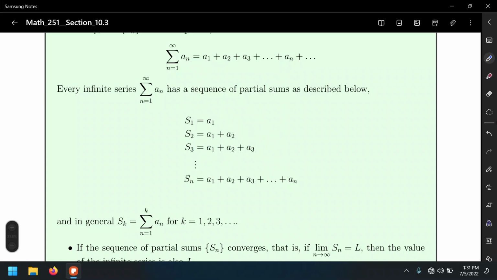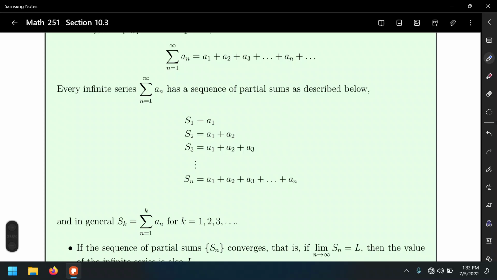If it's possible, which is not always the case, if we were able to find a mathematical rule that describes this sequence of partial sums, then we can just find the limit, and that's going to be the infinite sum of the given series.